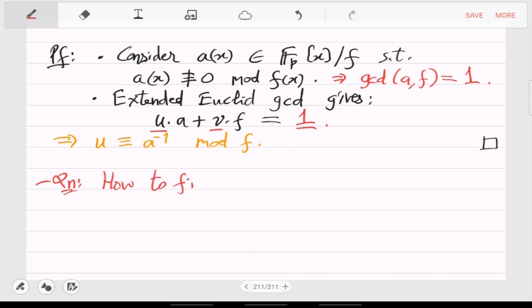So how to find irreducible f in Fp[x]? So this find is too much. It's also in your assignment 4, but first you have to answer whether they even exist. And we will do that.